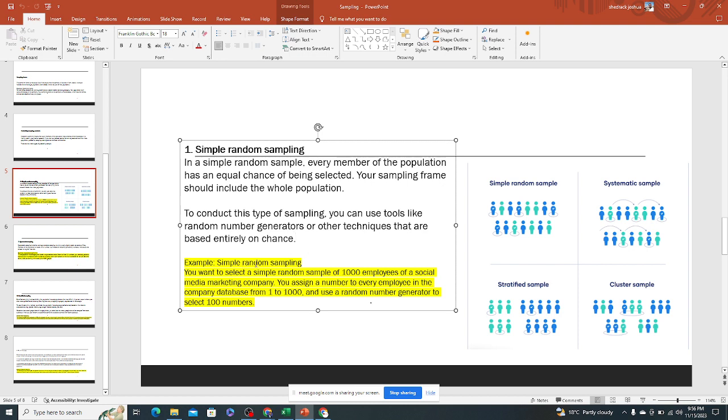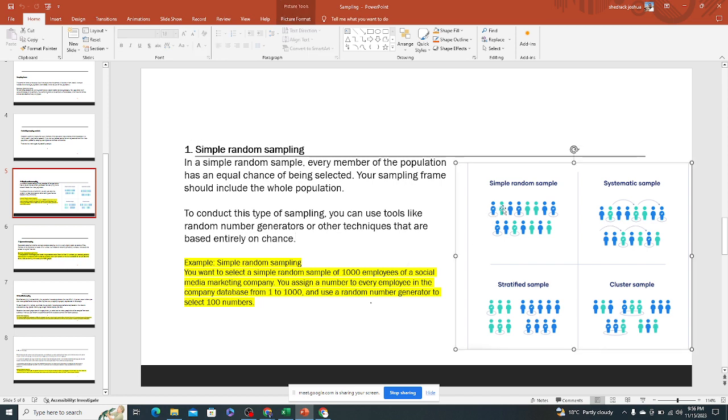For example, you want to select a random sample of 1,000 employees over social media or in your company. You assign a number to every employee in the company database from 1 to 1000 and use a random number generator to select maybe 100 numbers. Out of those 100 numbers, you will get the sample you need.